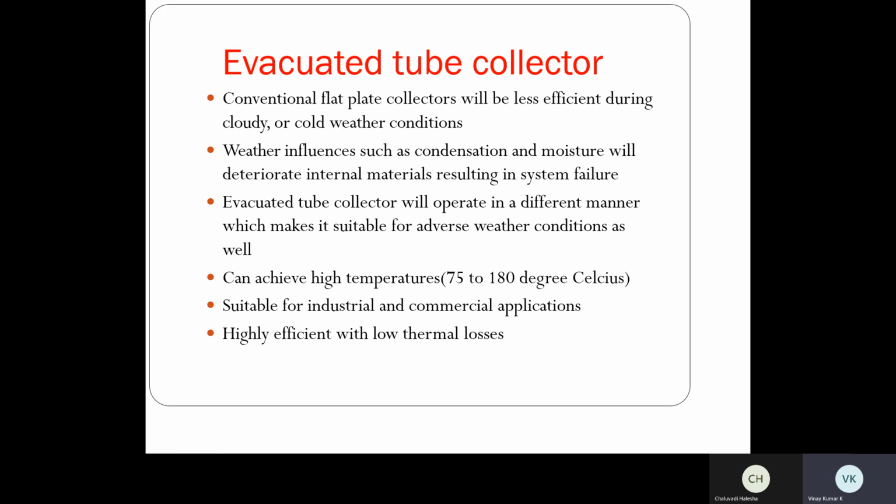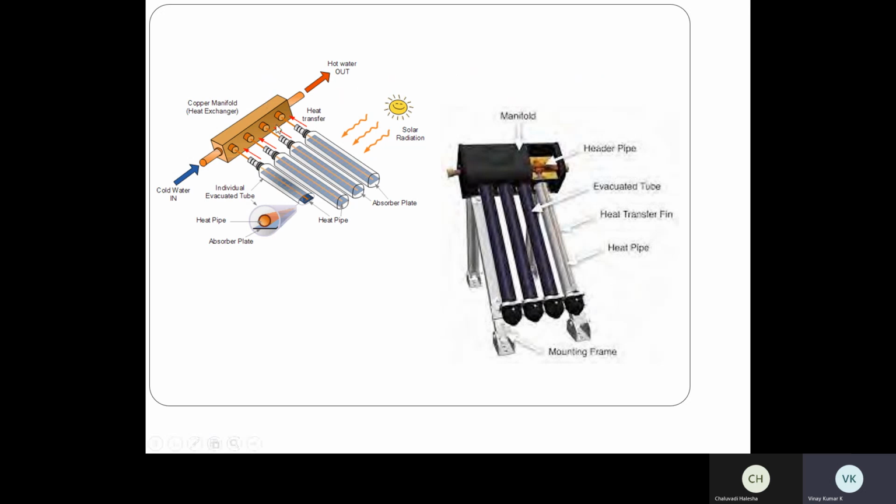See here, these are different pictorial representations of evacuated tube collectors, where heat in space is provided. Through that, cold water is the inlet and hot water is the outlet. We need to transfer the solar radiation heat through this medium to change the water from cold water to hot water. Here the heat exchanger is a copper manifold, which exchanges the heat from cold water to hot water.